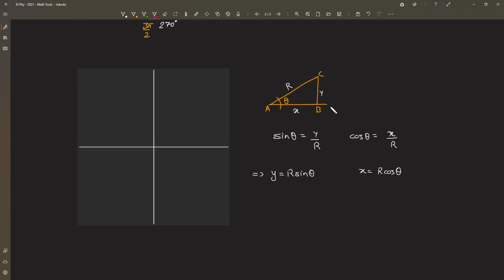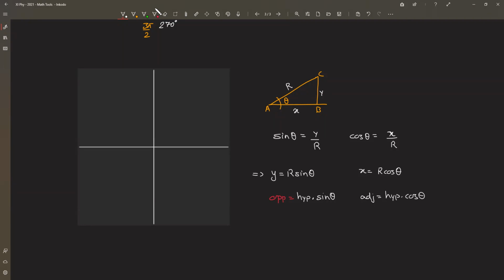So to summarize, in a triangle, if this angle is theta, the opposite side Y, or simply opposite, will be equal to R, which is the hypotenuse, into sine theta, and X, that is the adjacent component, will be equal to hypotenuse into cos theta.